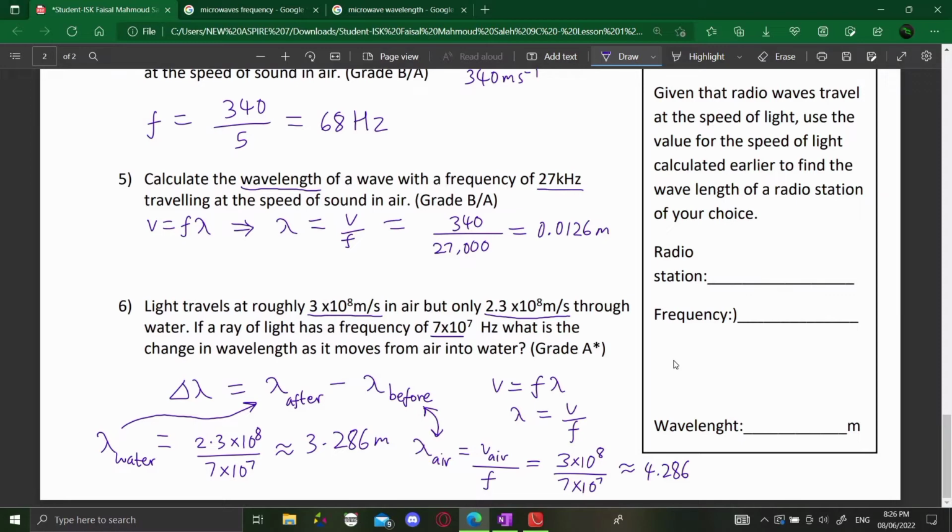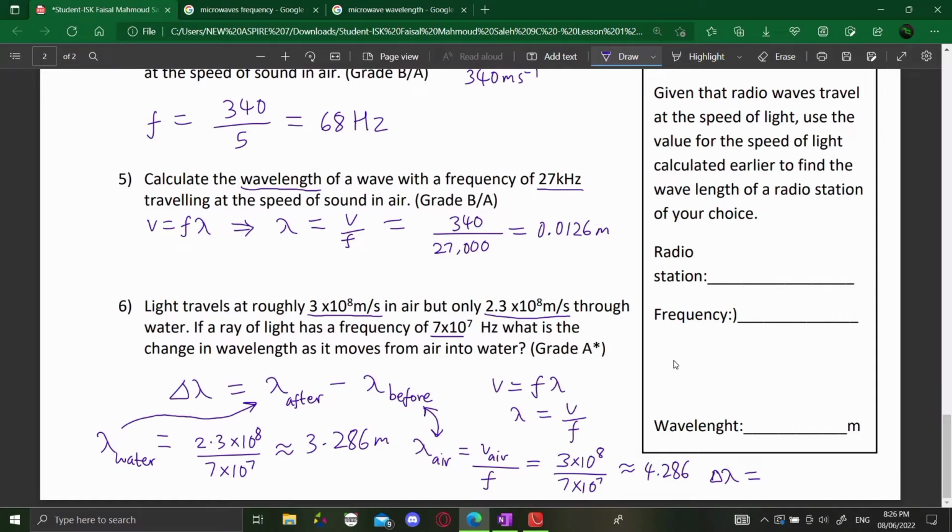So the difference, the change in wavelength, delta just is a symbol of change. It just means change in something, so you don't have to worry too much about that. So the change in wavelength is going to be that final wavelength in water minus the wavelength in air.